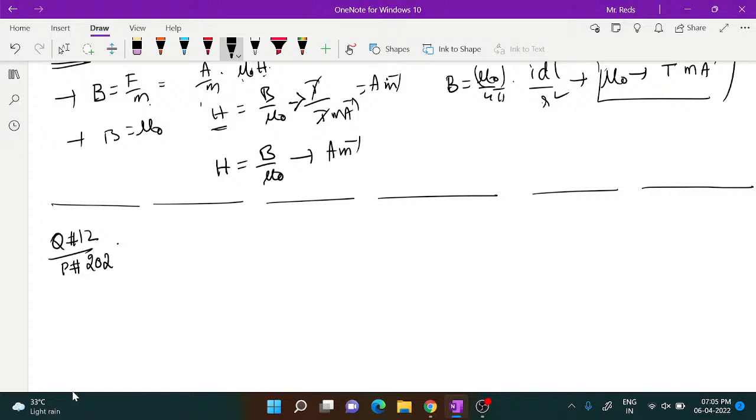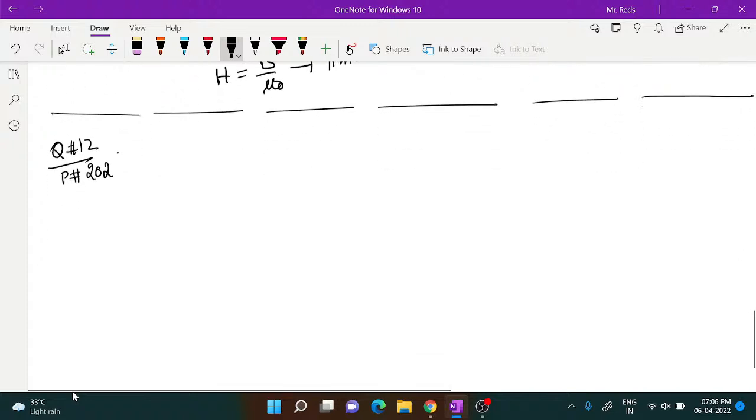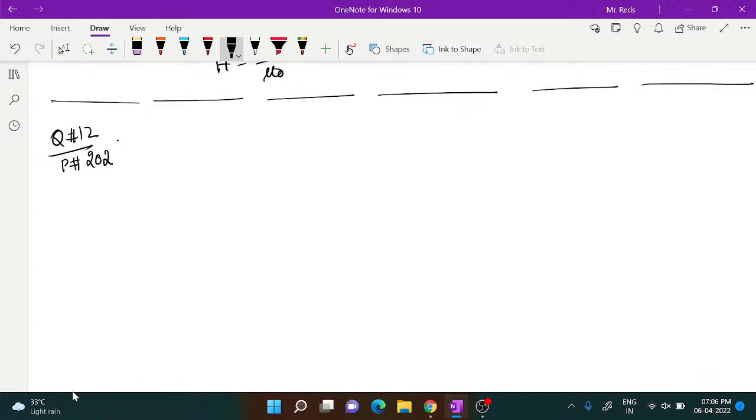The resultant magnetic moment of the arrangement is. So what you have to understand here is, equilateral triangle. Let's consider an equilateral triangle.